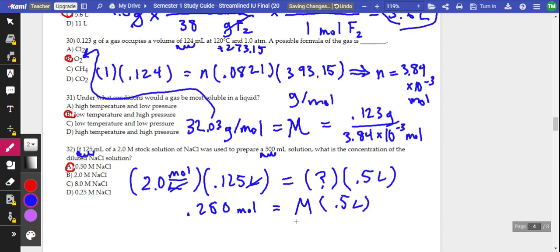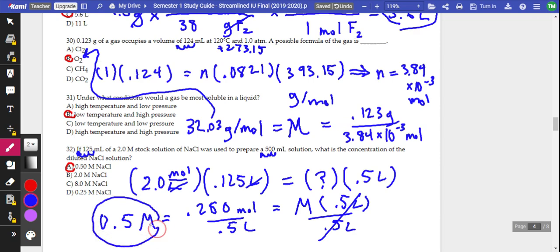If I divide both sides by 0.5 liters, that goes away. 0.25 divided by 0.5 is just 0.5. My units are now moles per liter, so I got molarity back. The concentration of my new solution is going to be 0.5 molar, which is what I have here.